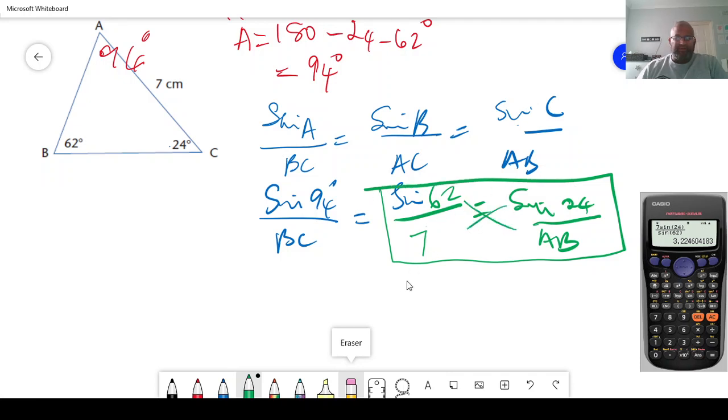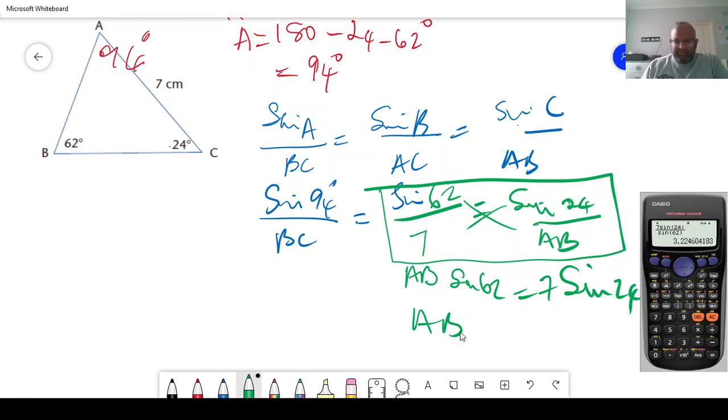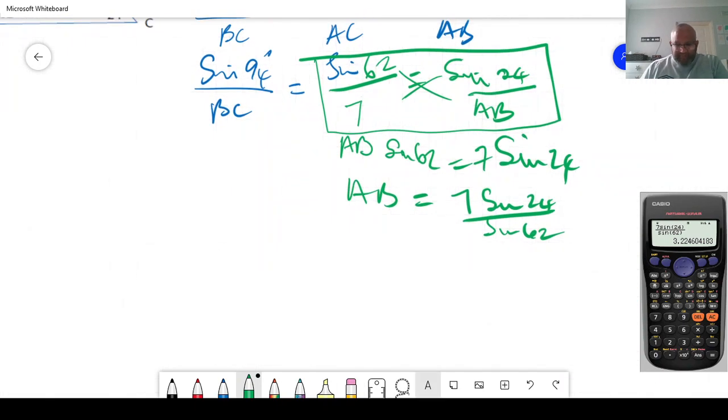So what we do is we cross multiply, so it will be AB sine 62 degrees is equal to 7 sine 24. So AB is simply 7 sine 24 over sine 62. Okay, so let's put that in our calculator.